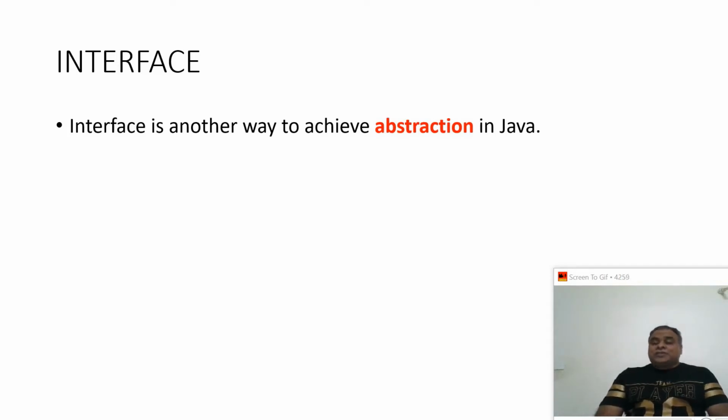The main object-oriented programming concepts are encapsulation, abstraction, polymorphism, inheritance, which we discussed. So abstraction is an important OOP concept in Java, and it is implemented by using interface.